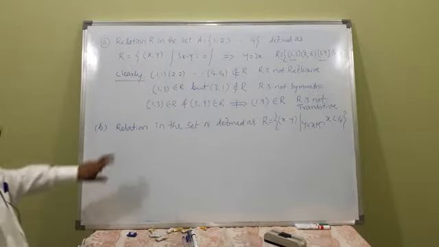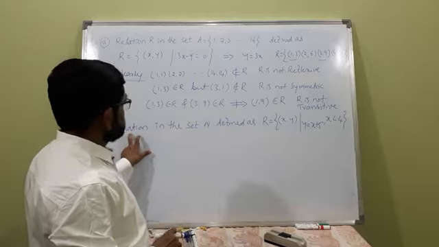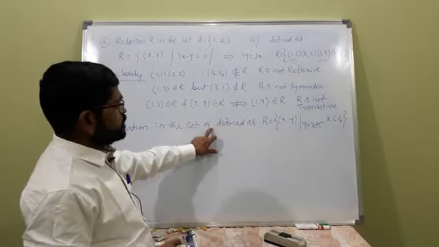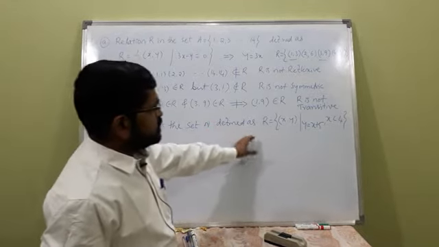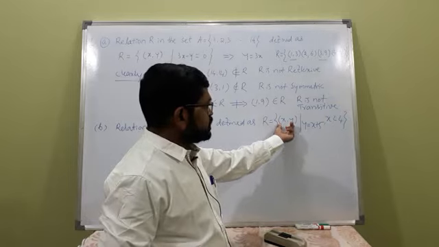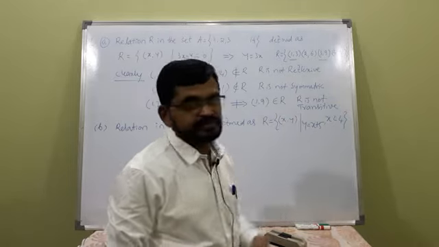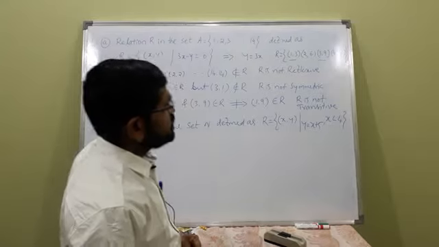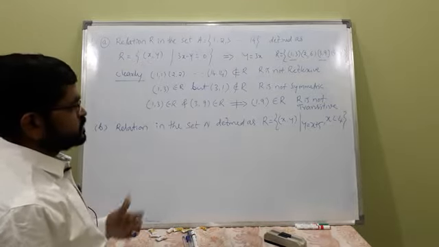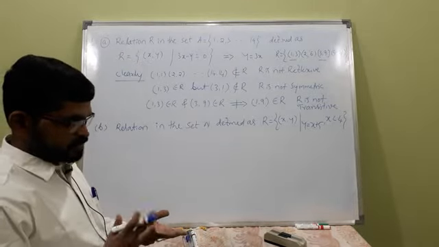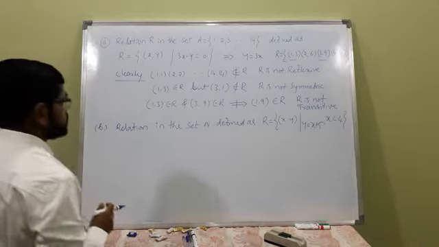Okay, take another one. Relation in the set of natural numbers defined as the set of all (x, y) such that y is equal to x plus 5, where x is less than 4. Is it reflexive, symmetric, transitive? That's what you have to check.